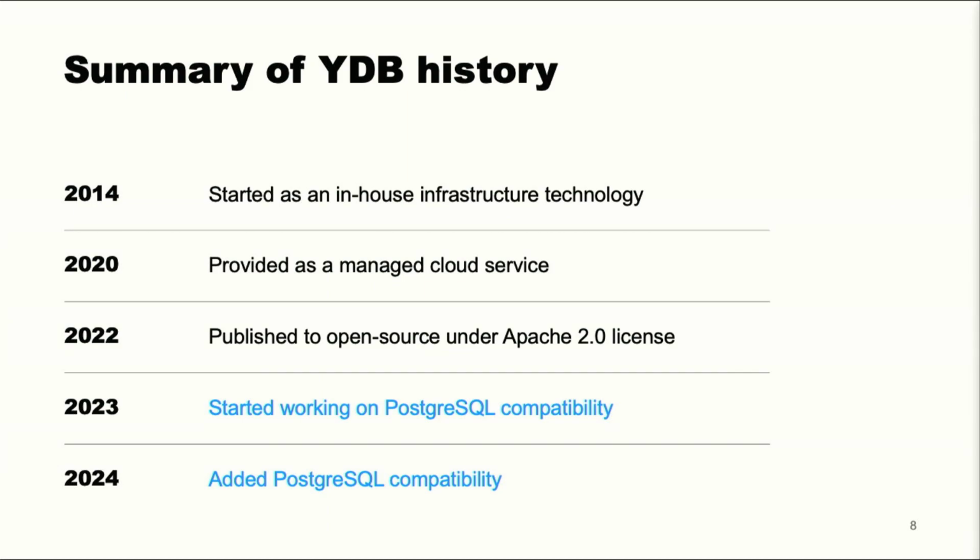It's also important to understand some context about the history. YDB is decade-old technology, but only 2 years in open source. It started in 2014 as a proprietary technology for a large group of companies called Yandex. Most of their businesses are B2C, working with end users, with physical people.